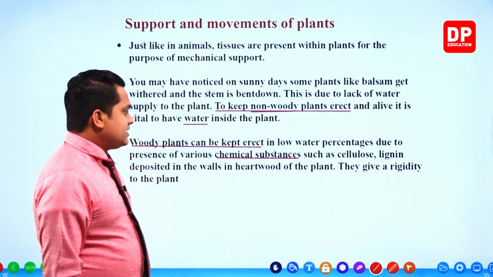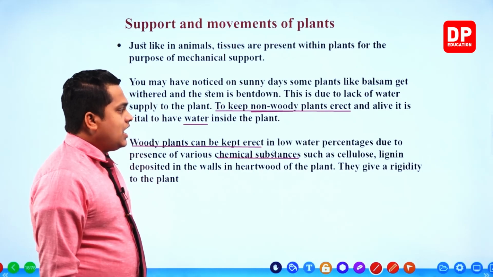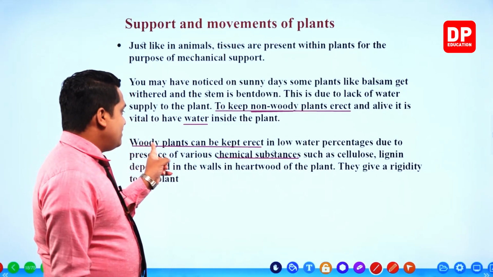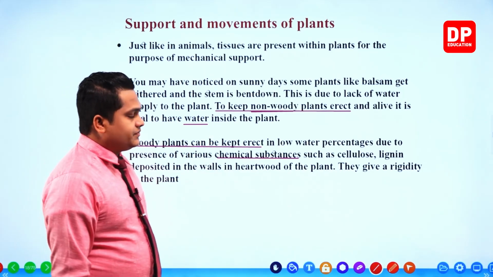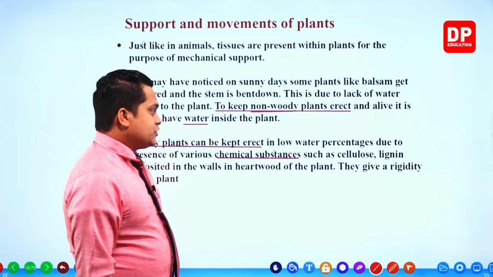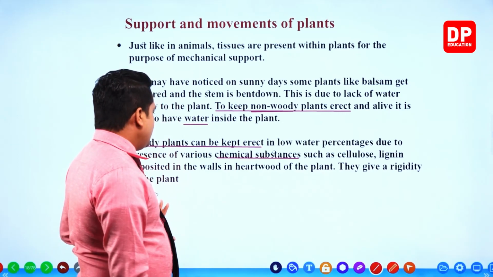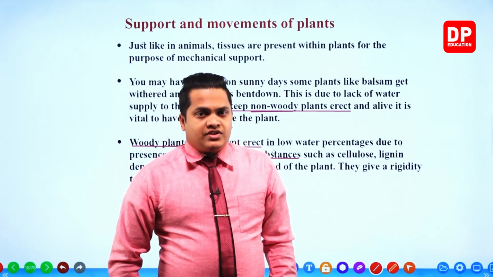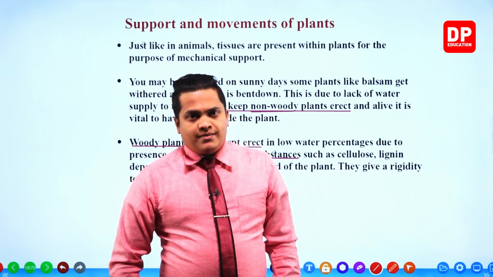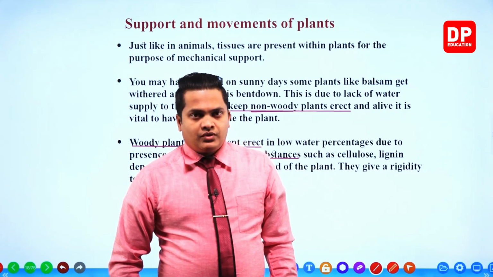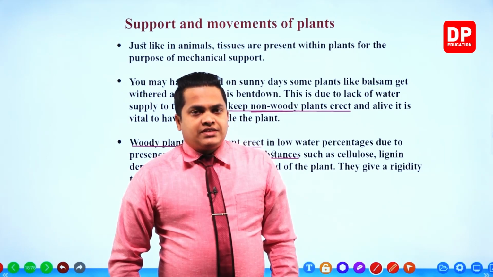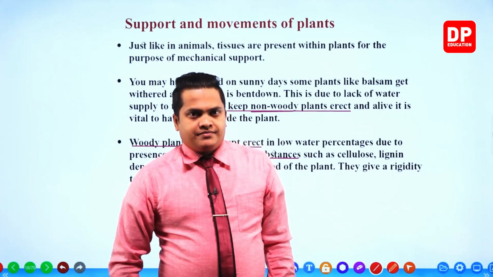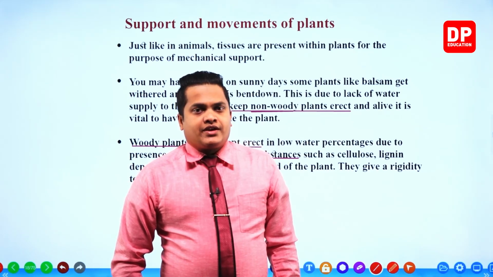deposited in the walls in the heartwood of the plant help to keep the plant rigid in woody plants, my dear children. So these chemicals give rigidity to woody plants. This is how the rigidity of the plant is maintained.